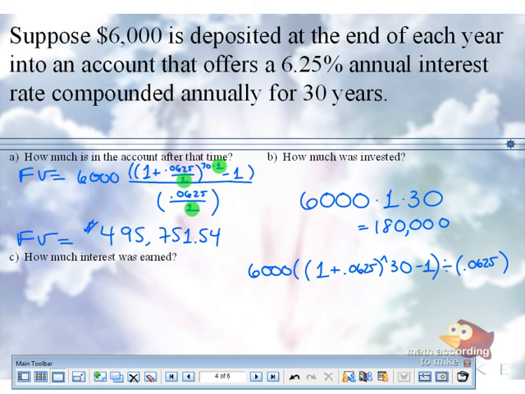However, in the previous problem, we made well into the $300,000 in interest. But how about for this one? What'd you get? $315,751.54.